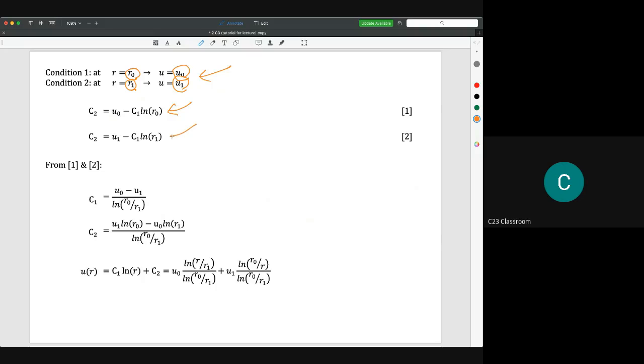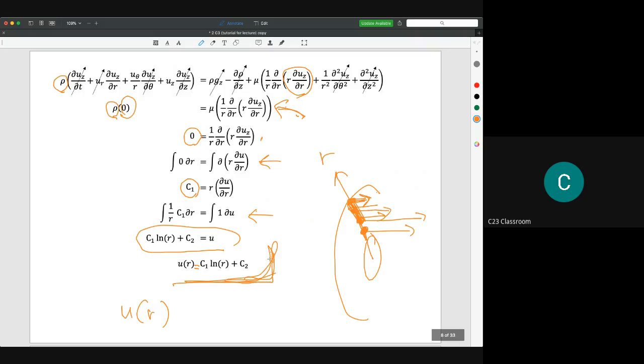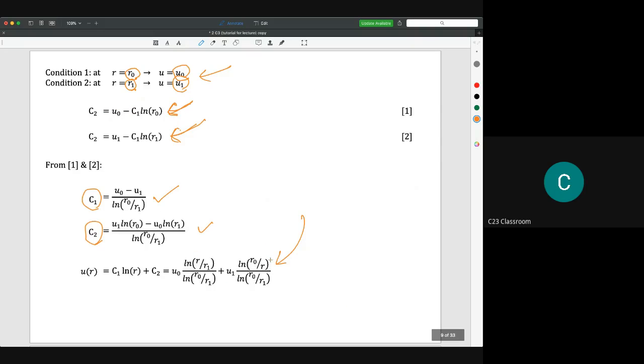Solving these two equations, we finally get C1 equal to this term and C2 equal to this term. Substituting into the common equation, we have u(r) equal to this term.